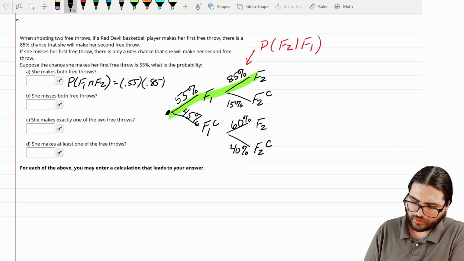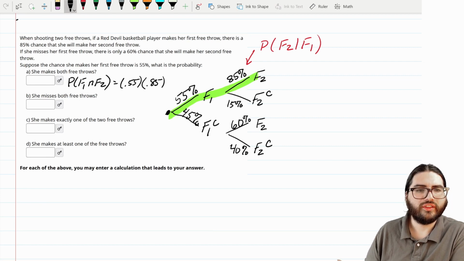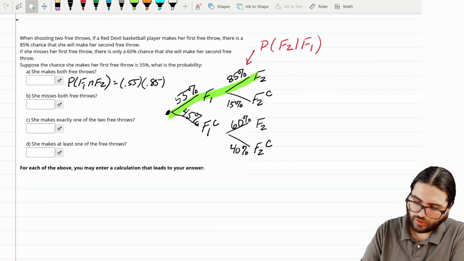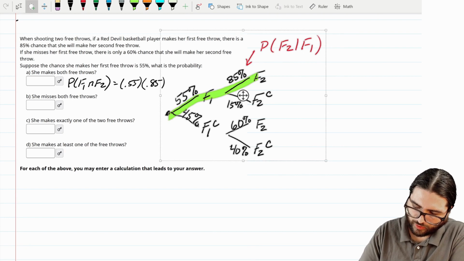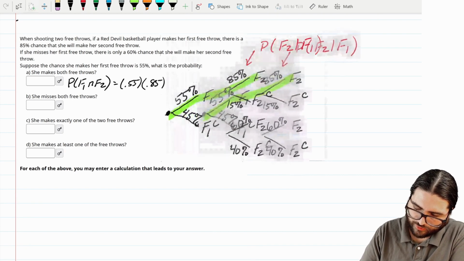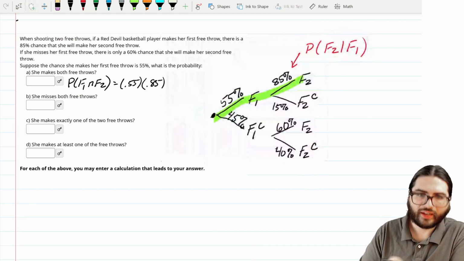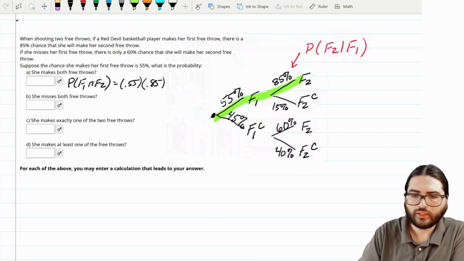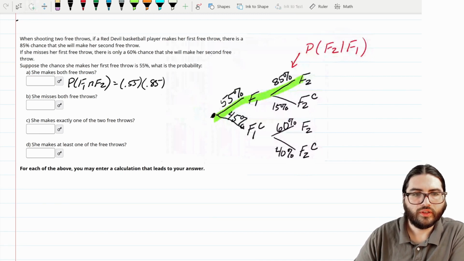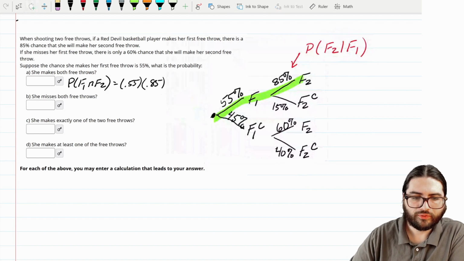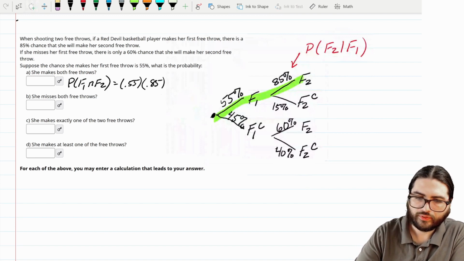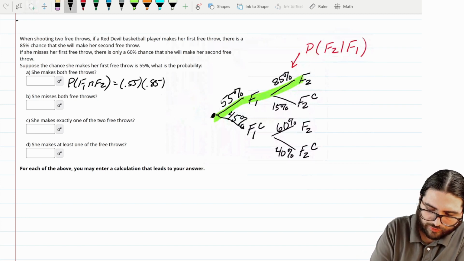So the percentages take care of a lot of that for me. And it looks like there's no conditional or anything here that would cause me to second guess myself on different ways that I could get to this outcome. So it looks like I'll just go to my calculator. What is 0.55 times 0.85? 0.55 times 0.85 is 0.4675.